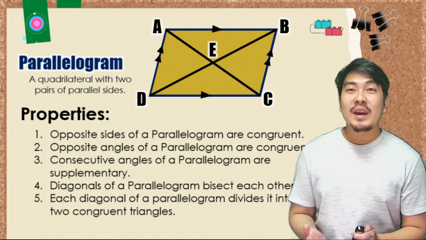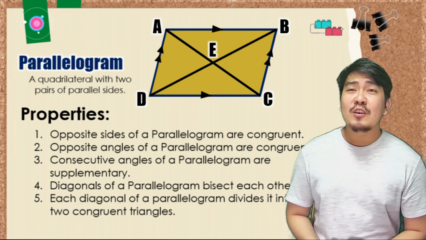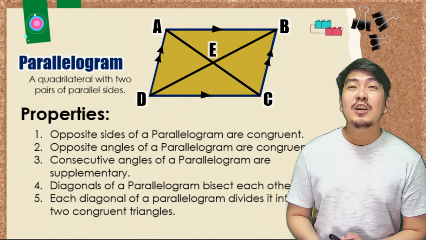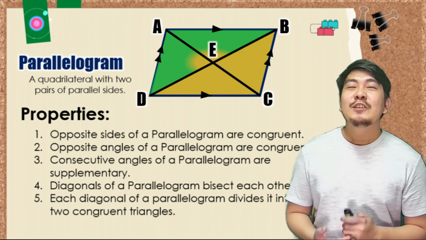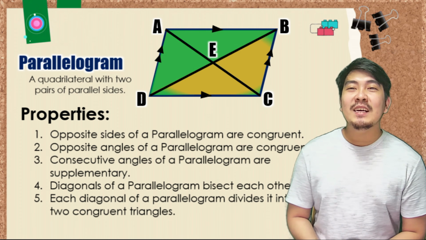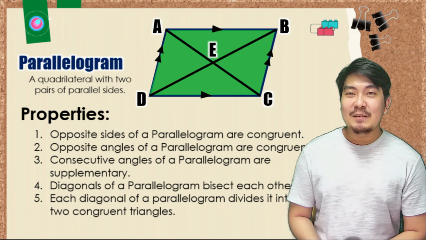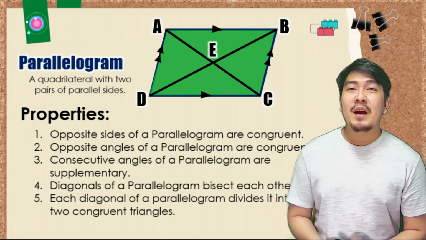They are congruent with the diagonal AC. How about for diagonal BD? What are the congruent triangles? We have triangle DAB is congruent to triangle BCD. So these again are the properties of a parallelogram.